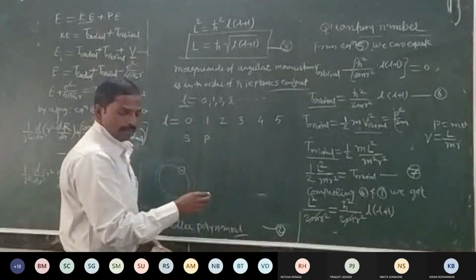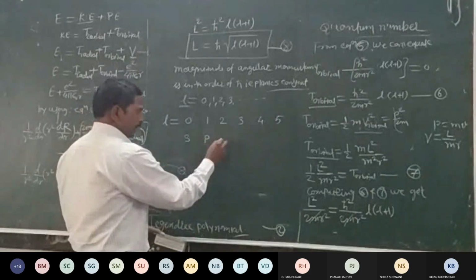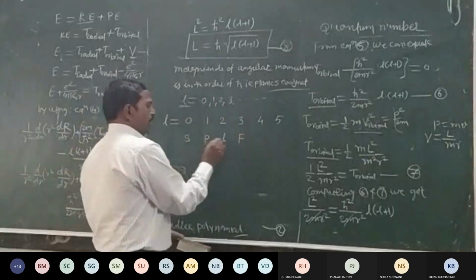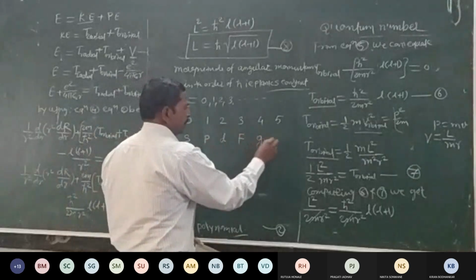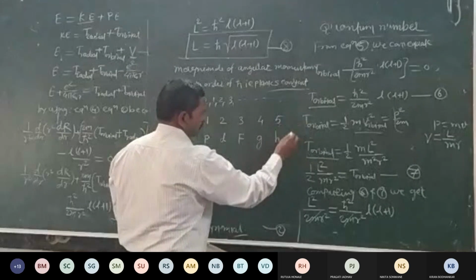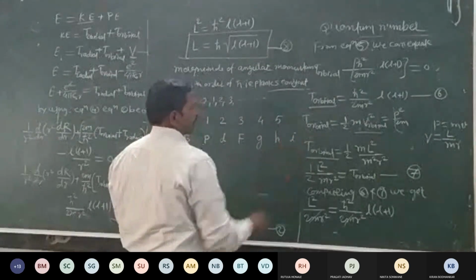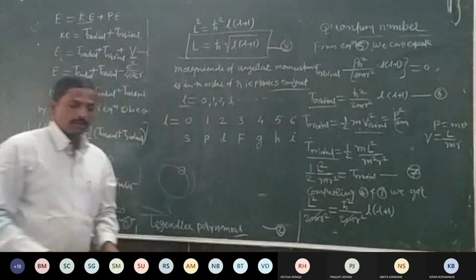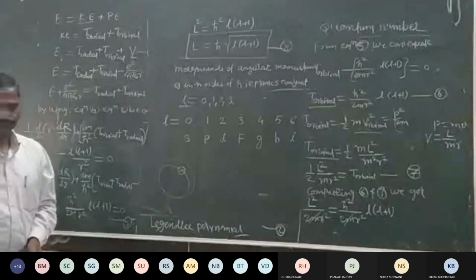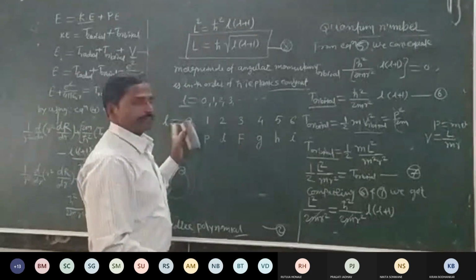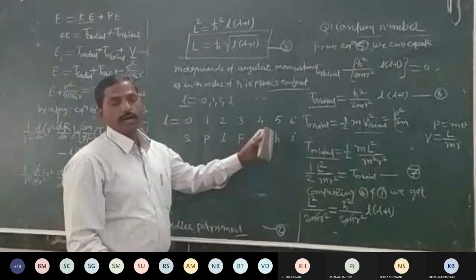Then पुढचा कुठला आहे S P D F, S P D F G H आणि जर आणखी पुढे असेल तर मला वाटतं पुढे I आहे, and so on. मग आता l is equal to काय असेल त्यानुसार तुमचा अँग्युलर मोमेंटम असेल.